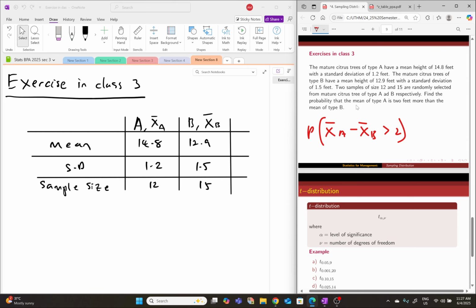Find the probability that mean type of A is more than mean type of B. So A is always greater than B. This is how you think. If you bring this one here, you minus.